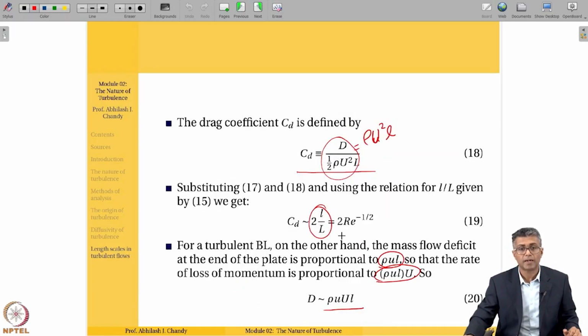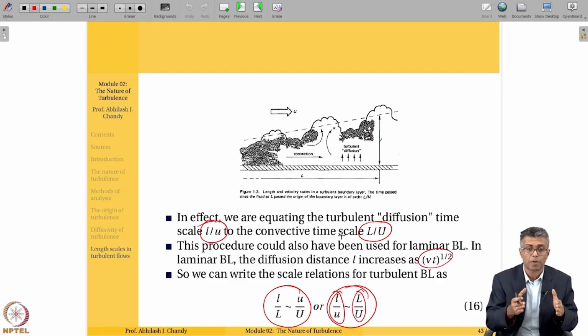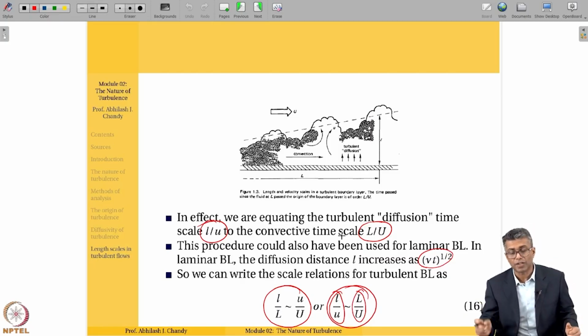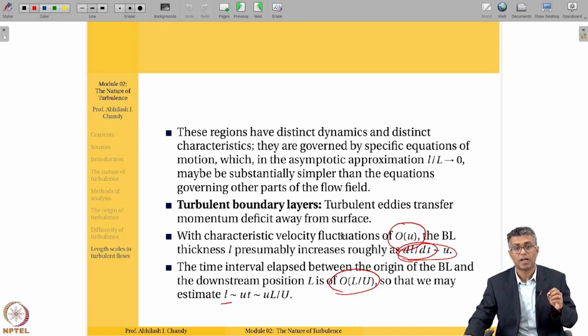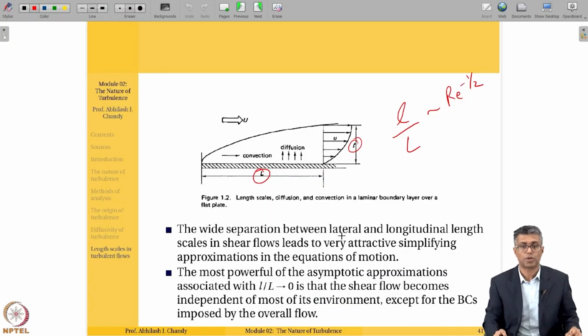So in this class, we have looked at the length scales of turbulence. And we came up with two different length scales, the convective length scale and the diffusive length scale. The convective length scale is the one along transport.